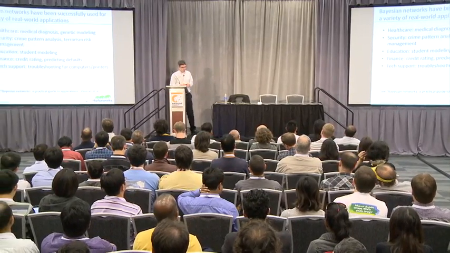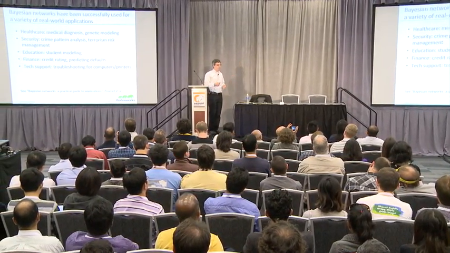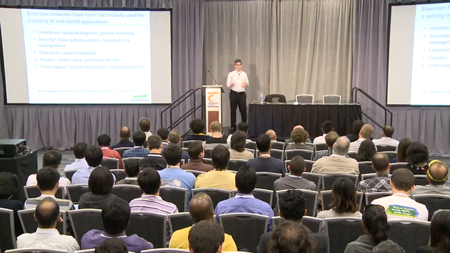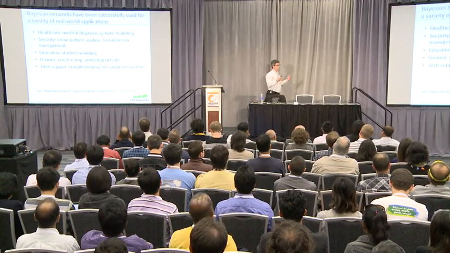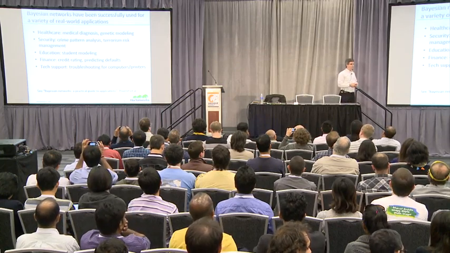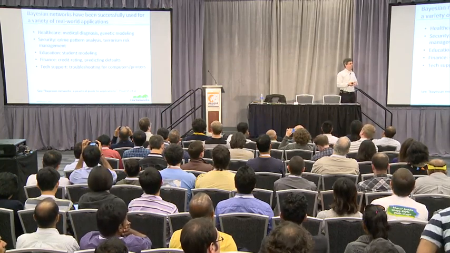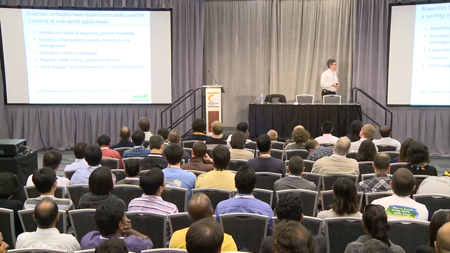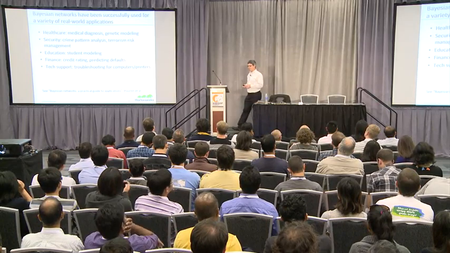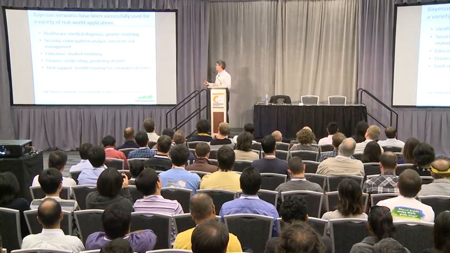So, a little bit on use cases. Bayesian networks have been around for a long time. They've been studied in universities and academia, and they've been used in practice. Some of the use cases you can see here: healthcare is very common, either in genomics or medical diagnosis. There have been applications in security, and in finance for fraud detection. A lot of different applications.